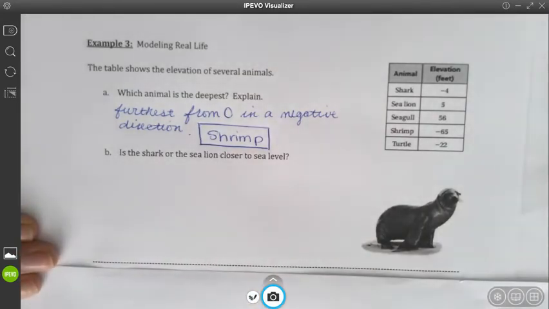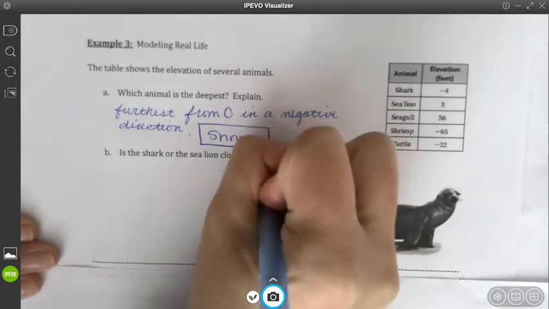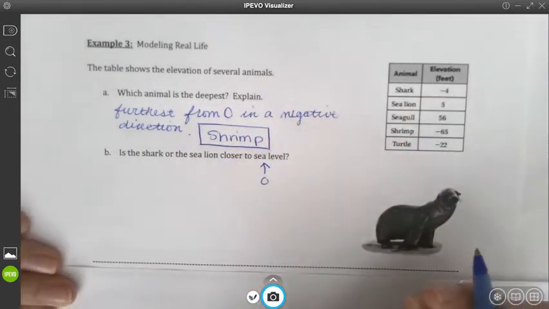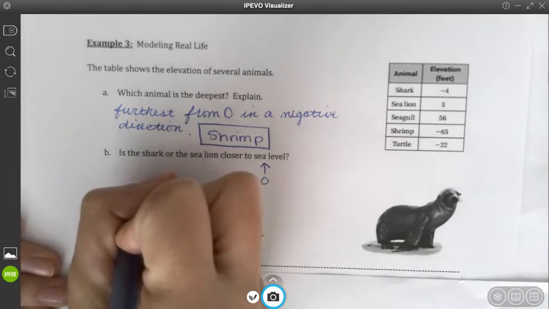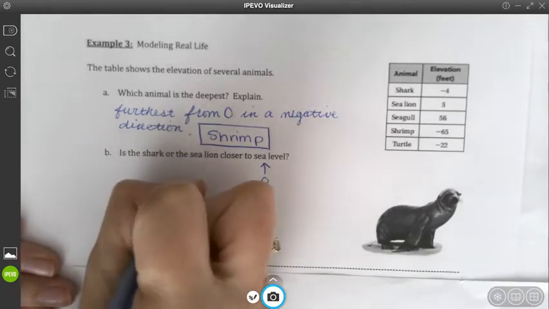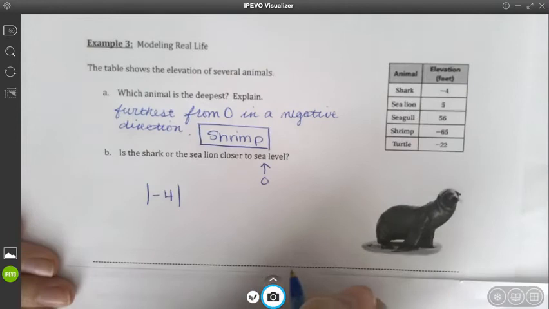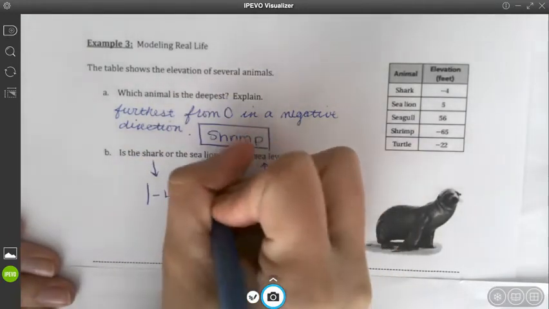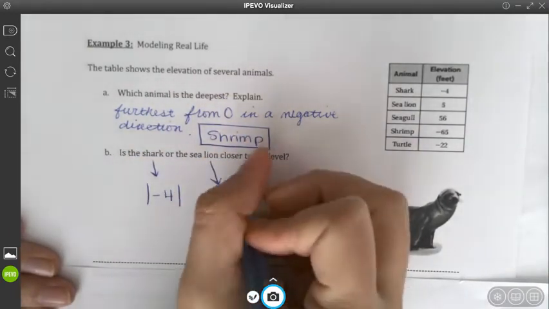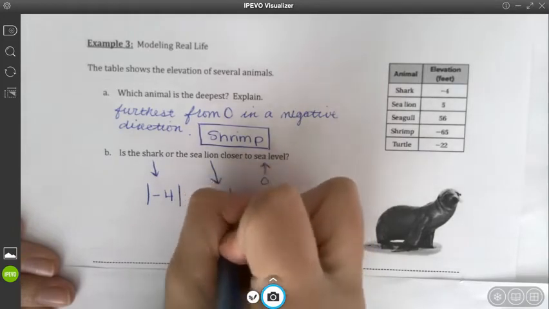Part B, is the shark or the sea lion closer to sea level? So this is all about the distance the animal is to sea level, or 0. We talked about sea level meaning 0, or ground level means 0. So let's see. The shark is -4, so the absolute value of -4 for the shark. And for the sea lion, we're going to do the absolute value of sea lion is 5.